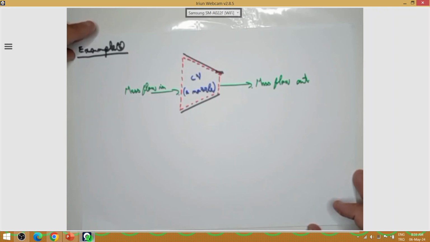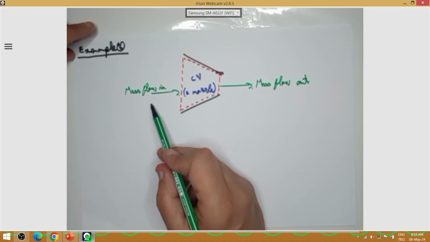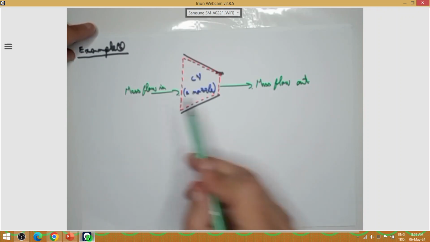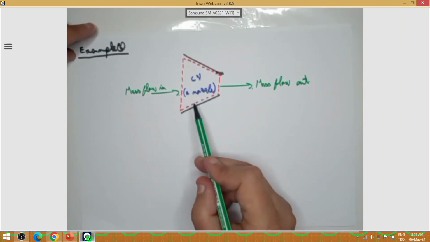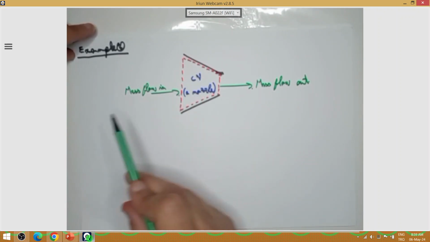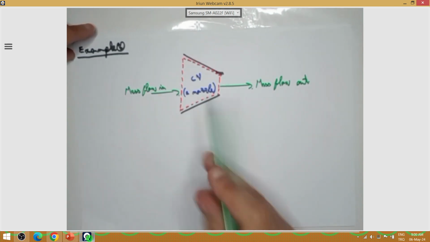In the example of a closed system, it was not possible for mass to flow in or out, so the mass inside the system was constant. But when we speak about a control volume or open system, it is possible for mass to flow in and out.